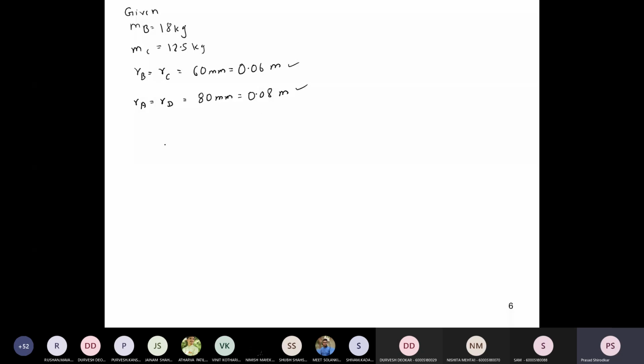So you have to find MA, MD, and X, that is equal to the distance between A and B, the distance between the planes of rotation of A and B. All right.